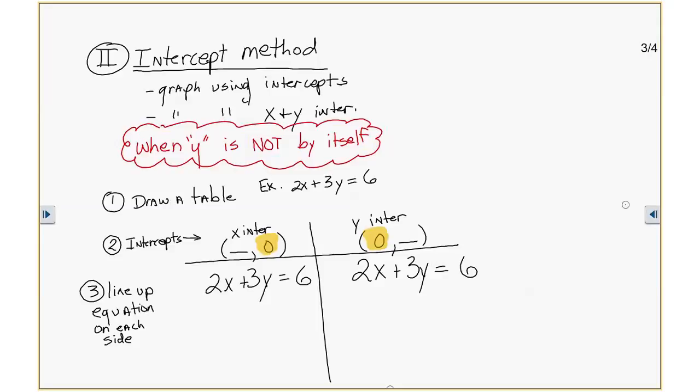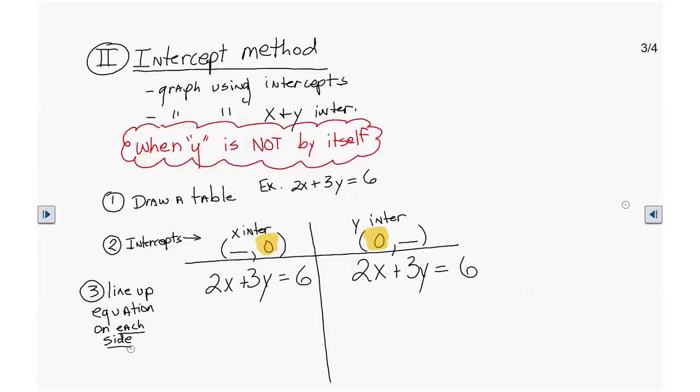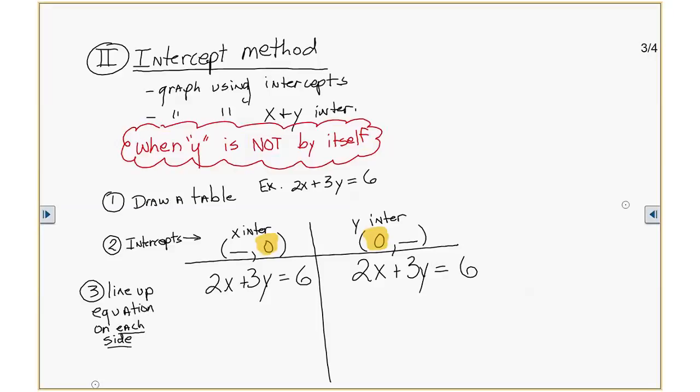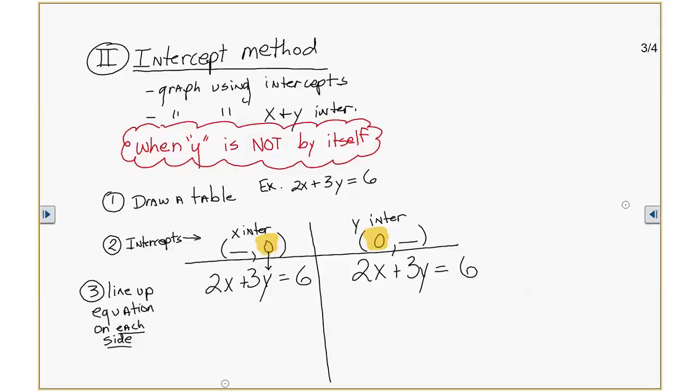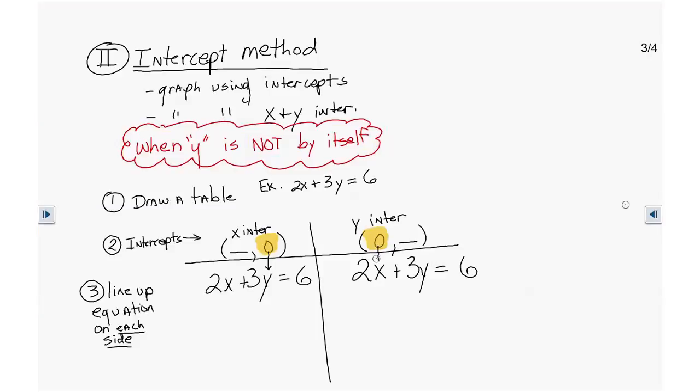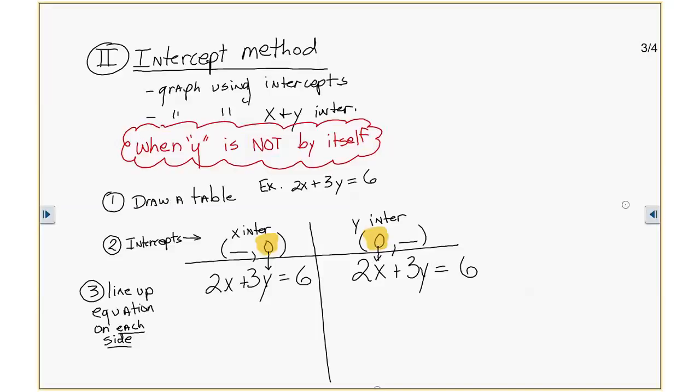Yeah, I put it on each side. But what did I do besides putting it on each side? I lined it up to where all you got to do is visually drop that 0 there where the y is, and drop what? Where the x is.